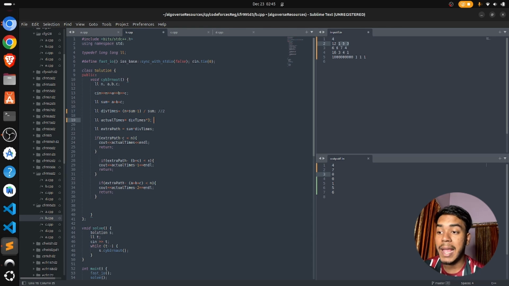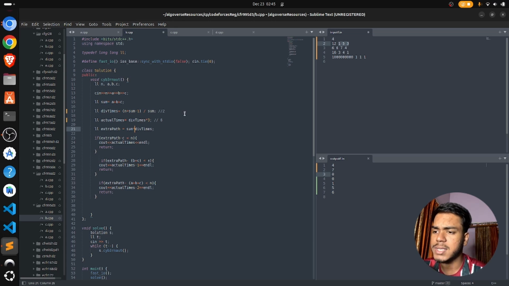Then actual times. What is actual times? If you move 2 times as of a, b, c, your actual times will be into 3 only. So it is 2 into 3, which is 6. Then extra path. What is the extra path? Extra path is sum into div times.